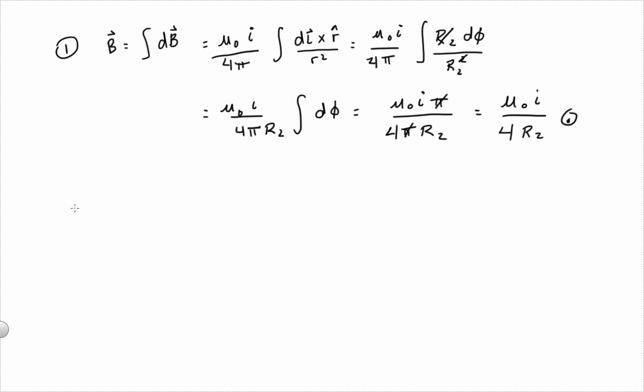Now, for what we were calling segment 3, the setup is exactly the same, and so the only difference is the direction, right? So now I can just jump right to the end here. This is going to be another mu naught I over 4 r1, and this is going into the page. So we have this piece that's going into the page, and this piece over here that's coming out of the page.